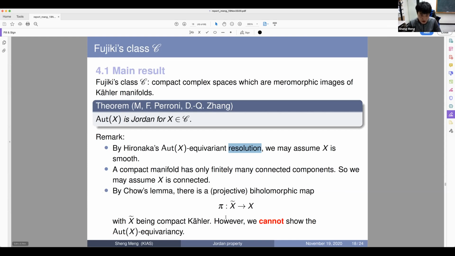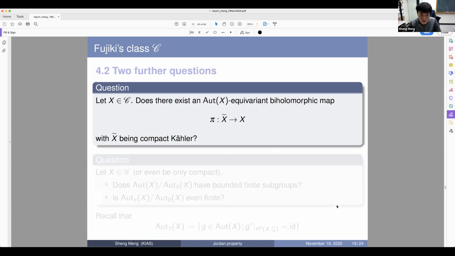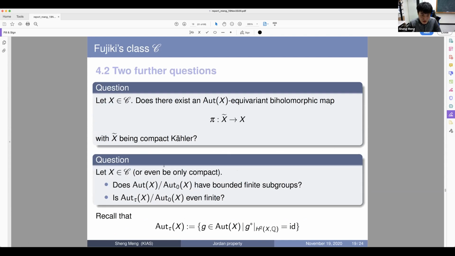But the third part, I'm not very surprised about the first one, but the third one is quite difficult. And indeed, this caused our first question about the equivariant Kähler model. A second question is from a different view. Previously, we showed that we can reduce the Jordan property for Aut(X) to Aut_0, but we need to show that the quotient group has bounded finite subgroups.